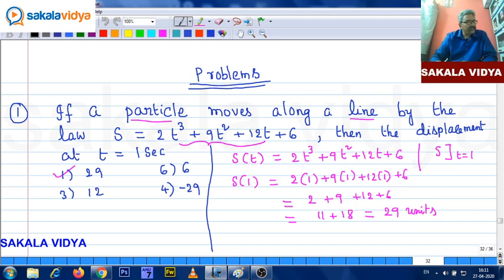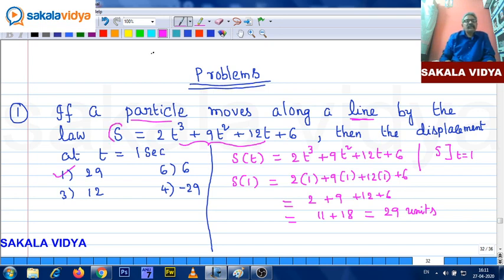This is the first question, you can note down. Once again I repeat this question for you. If a particle moves along a line by the law 2t cube plus 9t square plus 12t plus 6, then the displacement at t is equal to 1 second.